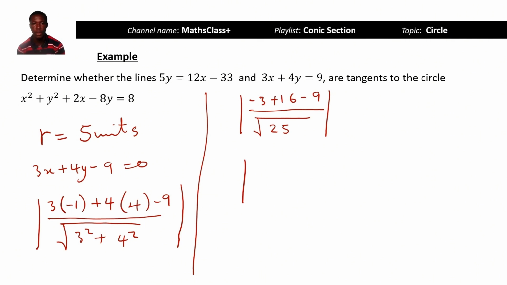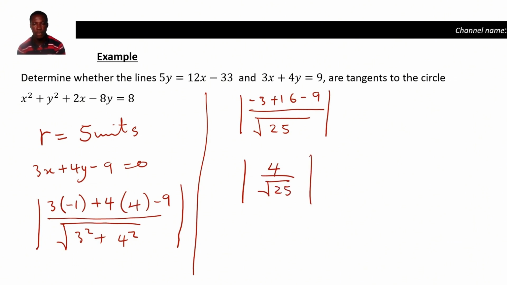Okay, so negative 3 plus 16 will be 13, minus 9 will be 4. So 4 over root 25, that will be 4 over 5. And this will give a value that is less than 5.